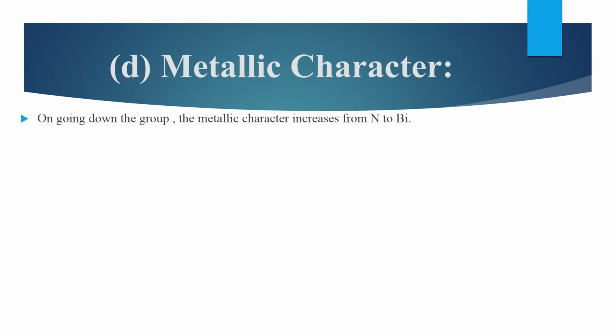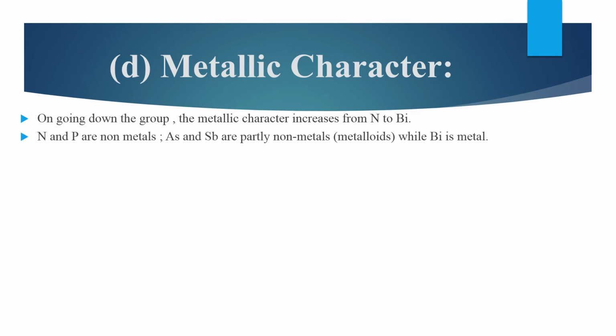On going down the group, metallic character increases from nitrogen to bismuth. Nitrogen and phosphorus are non-metals. Arsenic and antimony are partially non-metals, or they come to the category of metalloids, while bismuth is a metal. Bismuth is the only metal in group 15.